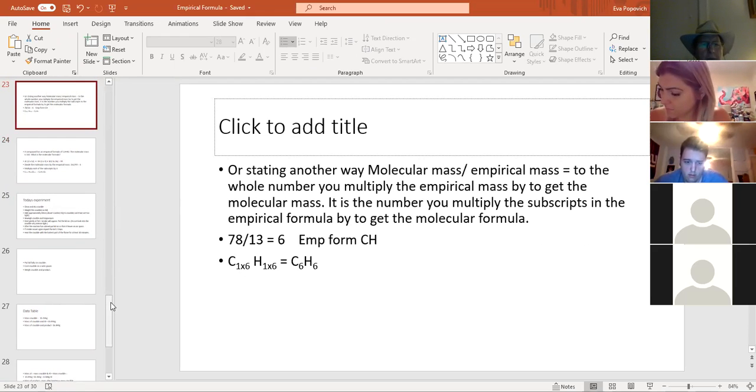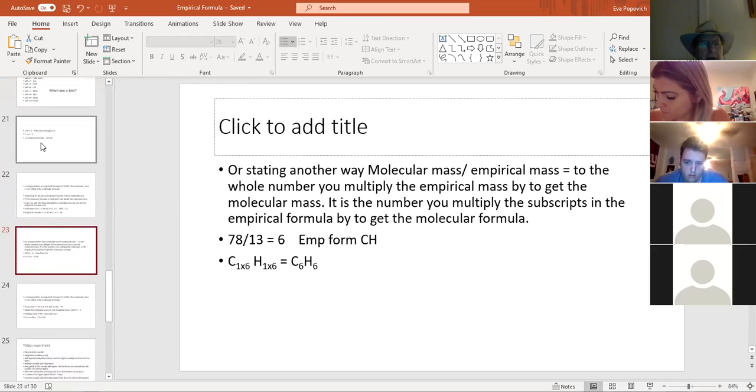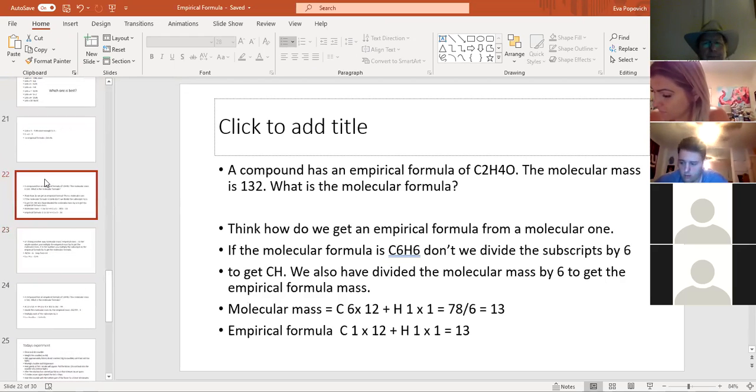I've got one more thing and then two more problems. A compound has an empirical formula of C2H4O. The molecular mass is 132. What is the molecular formula? Remember, when we went from molecular formula to empirical formula, didn't we divide by a whole number?